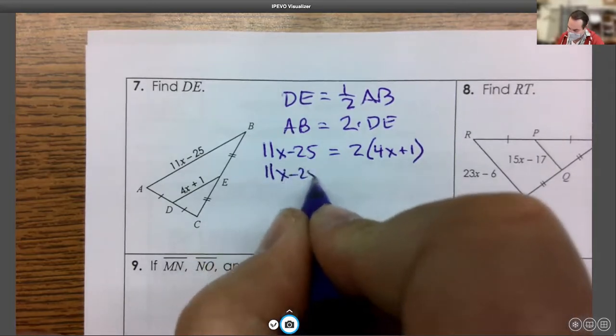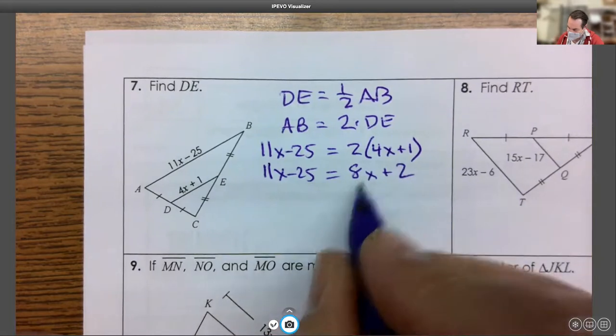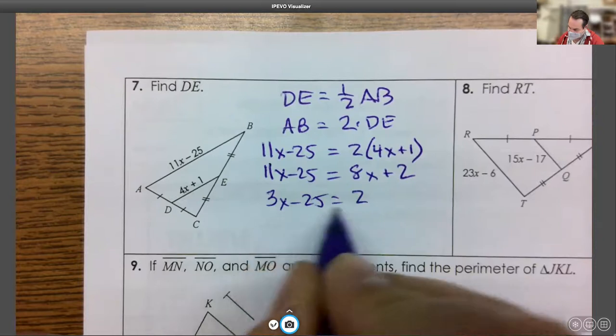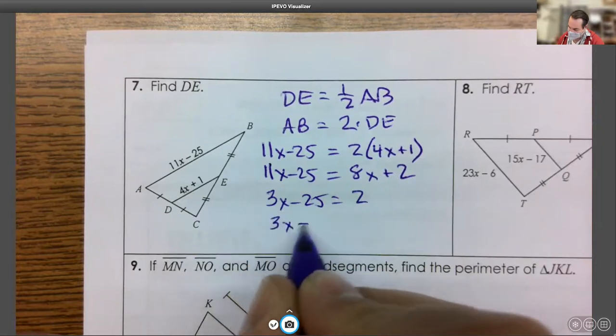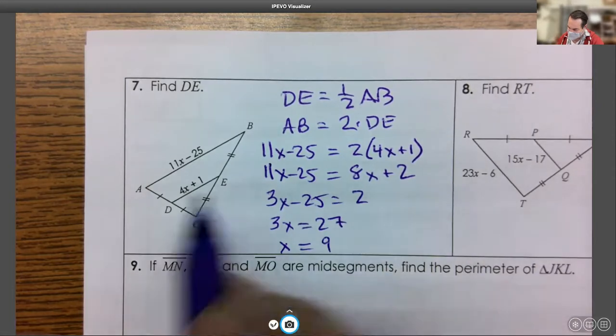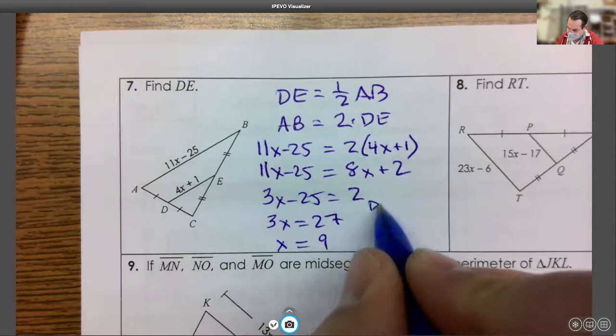So 11x minus 25 equals 8x plus 2. Minus 8x. Add 25. X equals 9.